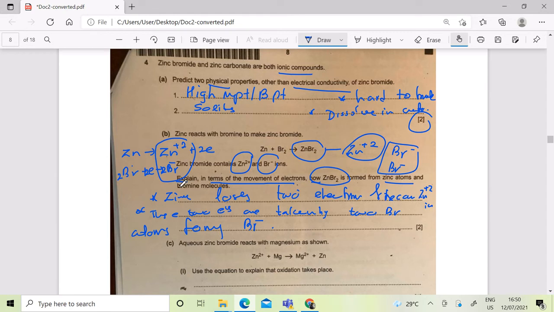Explain in terms of movement of the electrons, so it's better to explain now in terms of movement of electrons. Still you can write one more thing: then Br minus and zinc plus 2 attract each other. Actually that is an electrostatic attraction. So 2 marks.